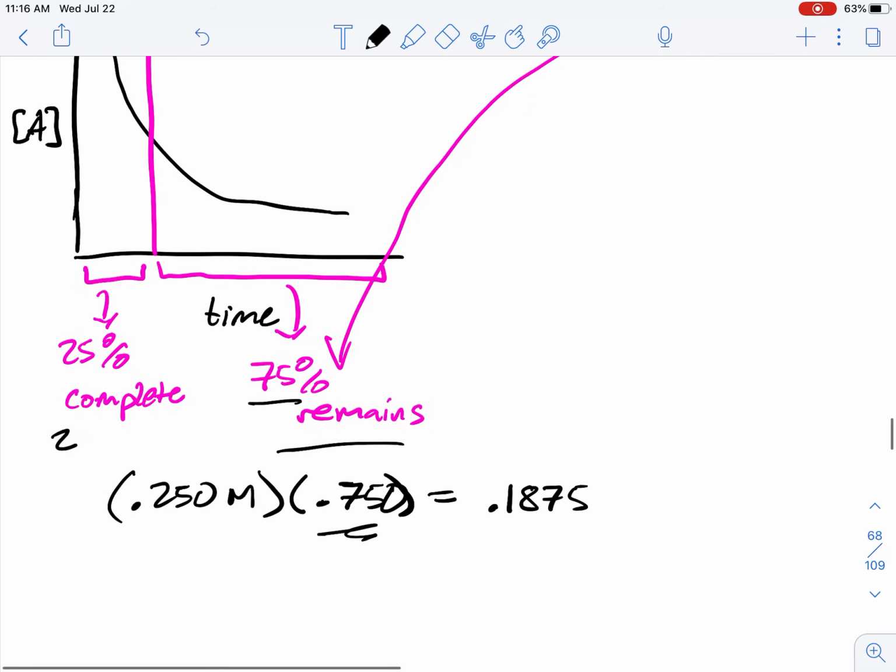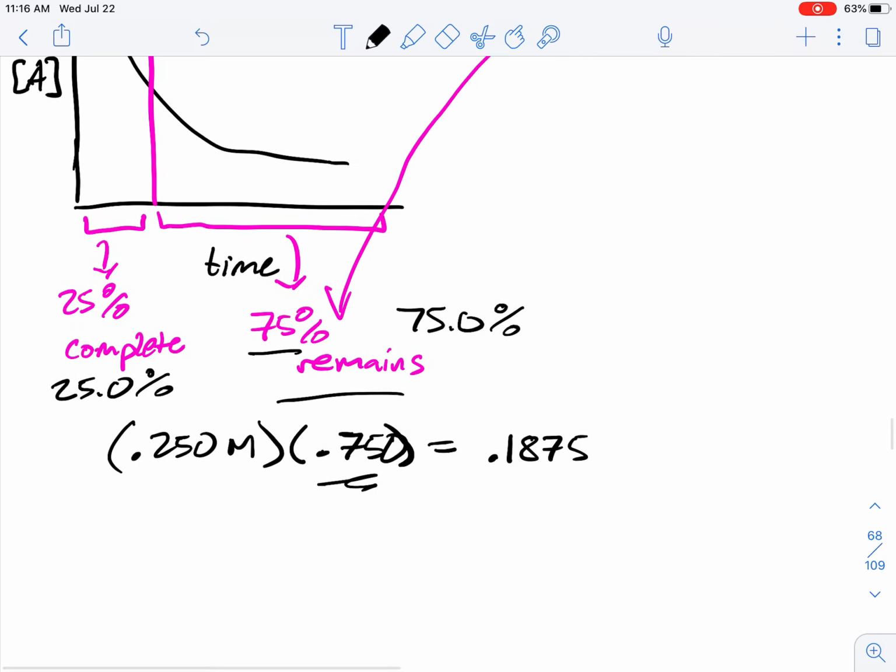So if I take this to be 25.0%, then if you subtract that from 100, that's going to be 75.0%. So I'll just work with 3 sig figs. This is going to be rounded to essentially 0.188.